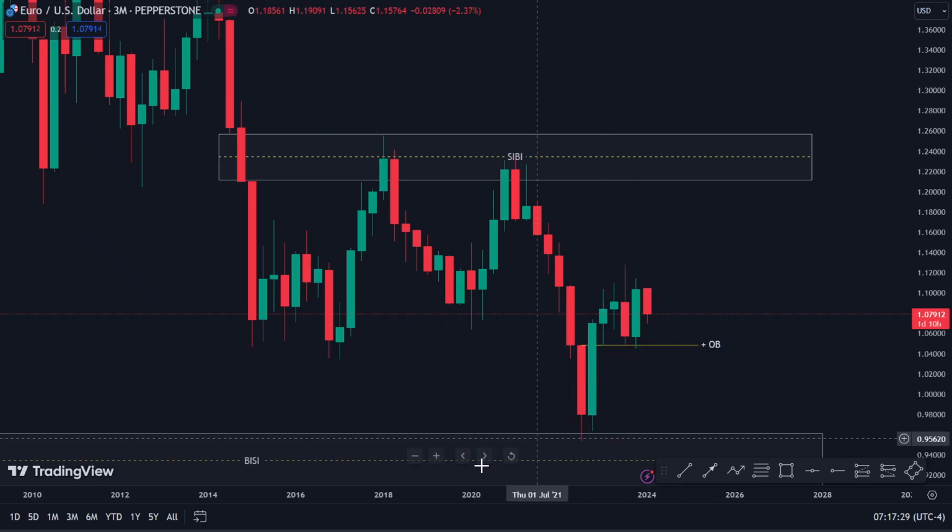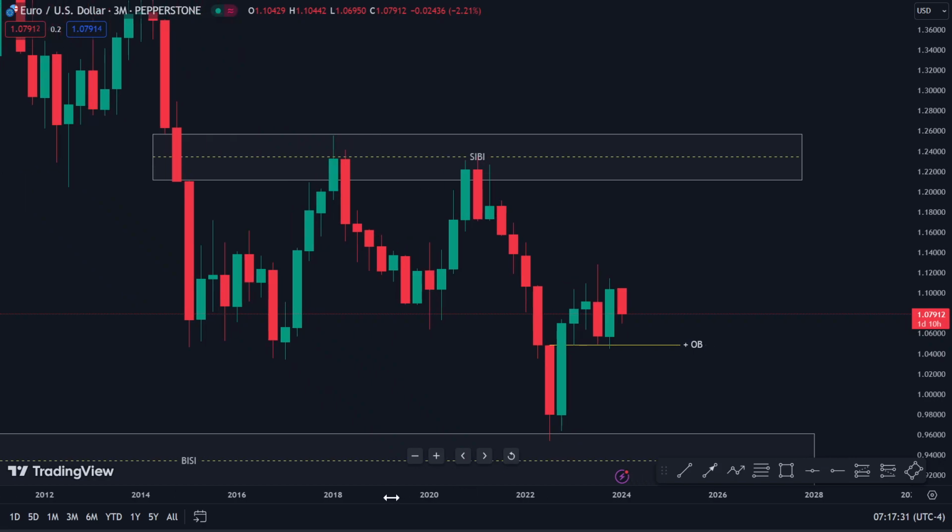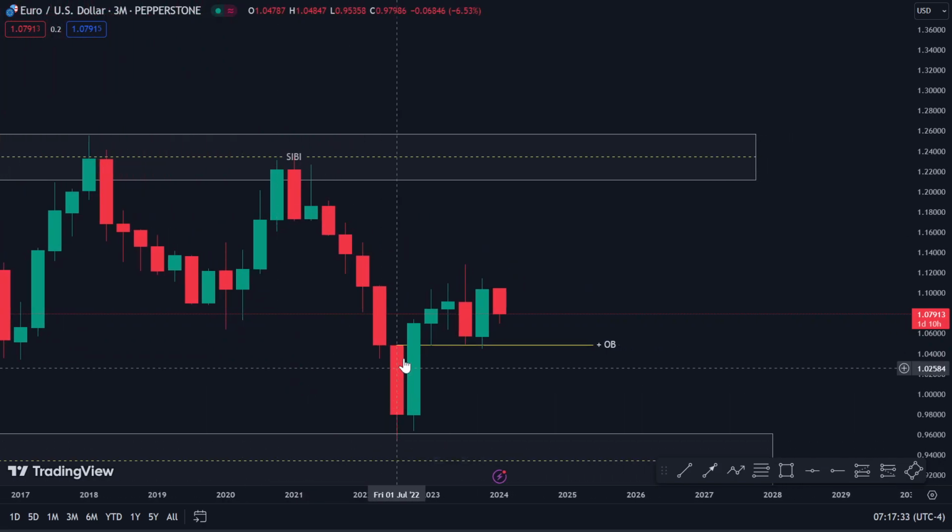You see price, let's zoom in a bit. After price reacted upon this BC and repriced away, our bullish order block is formed, and on this very next candle, Monday 2nd January 2023, price repriced almost immediately.